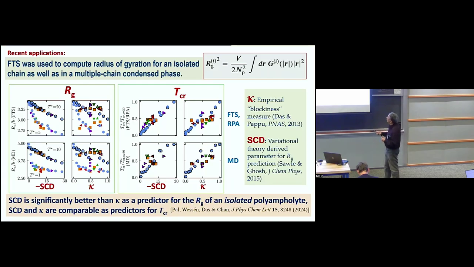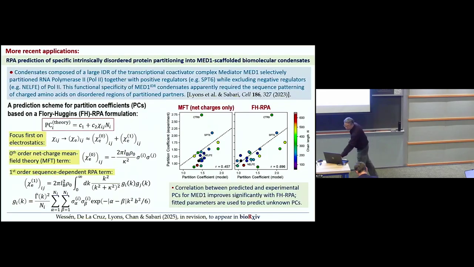Since SCD is actually designed for a single isolated chain, it is not too surprising. It does very well, but for phase separation, their ability to predict the trend of the critical temperatures is about the same. SCD is slightly better, but not much better.